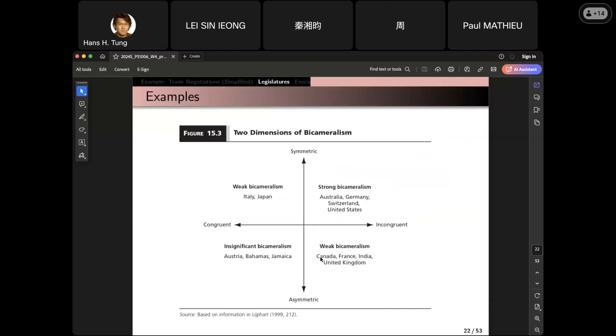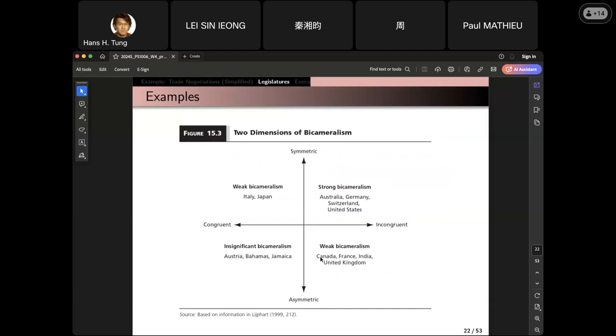So you might want to ask, what's the meaning of having two chambers? I don't know about Australia. I've been there for quite a while actually, but I don't know. But the thing is, you have this kind of insignificant bicameralism. Another more interesting model is weak bicameralism. So especially this lower right.